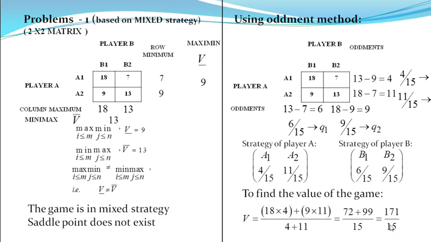So again you will get the same answer, 171 by 15. And finally you can multiply 9 by 6 and 13 by 7 divided by 6 plus 9, that is 15. We have the same answer, 171 by 15. So this is how we have to find the value of the game whenever a mixed strategy problem comes.